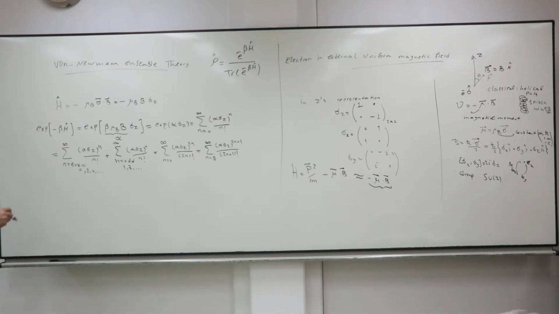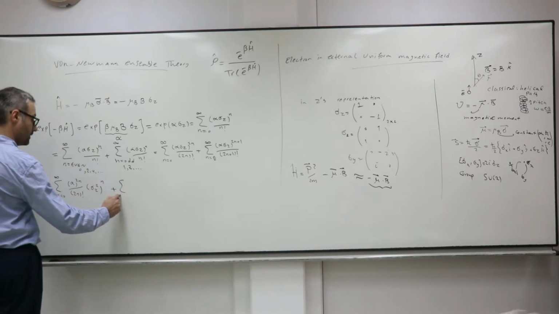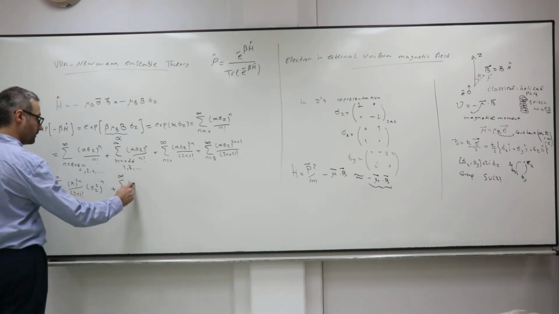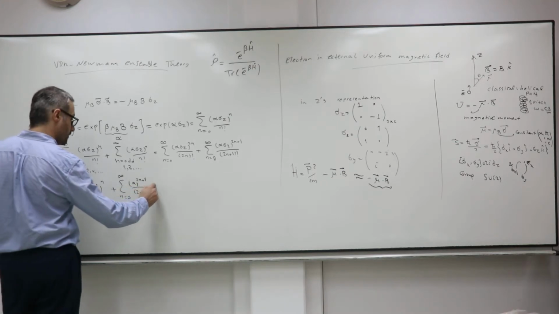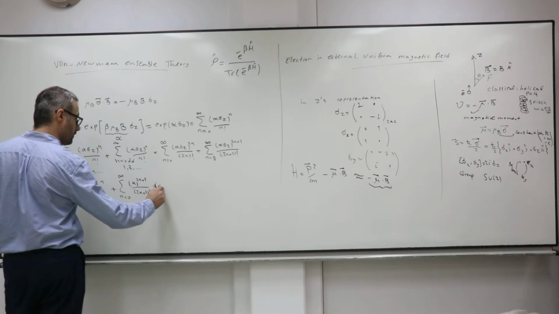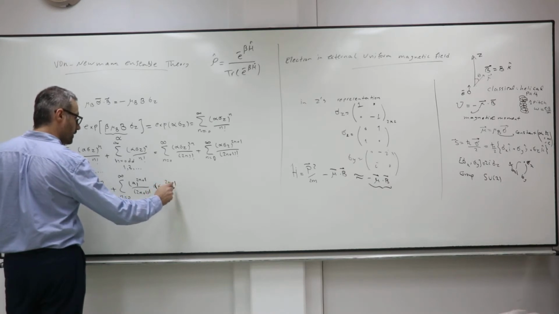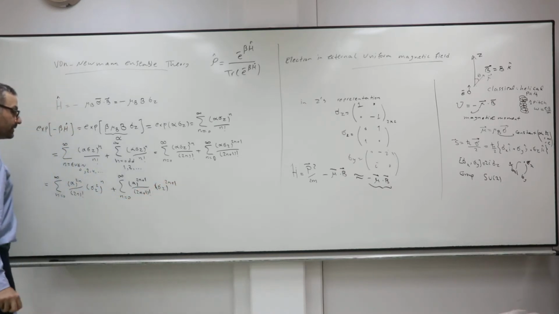So look at that. What you needed to know is the power of sigma z, the even power of sigma z, and also what's the power of sigma z when it is odd.